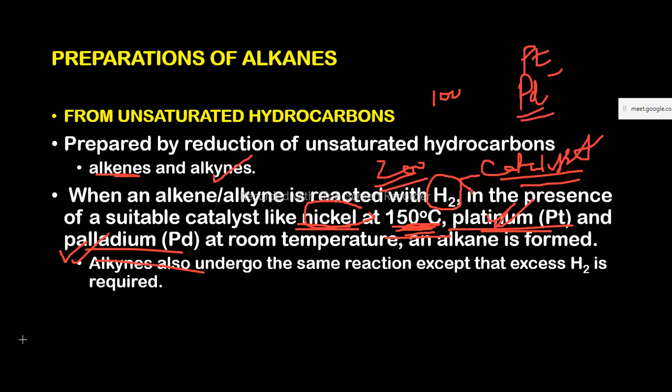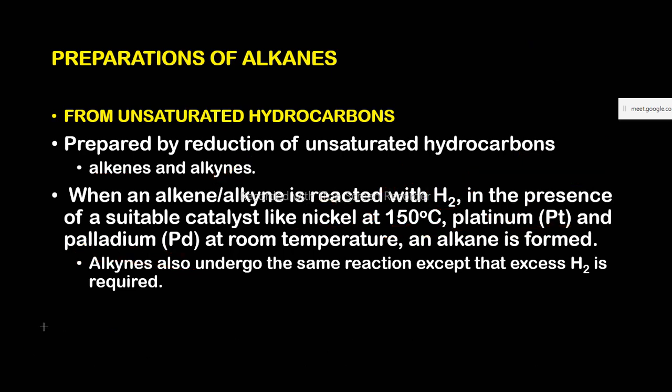Let's see. So it will be hydrogen, and the hydrogen is a gas, plus you have your unsaturated alkene. Maybe I'm going to use ethene, and I'll react it with my hydrogen.